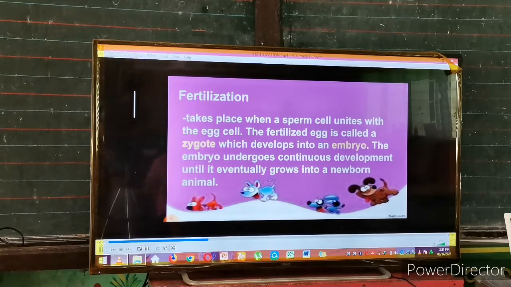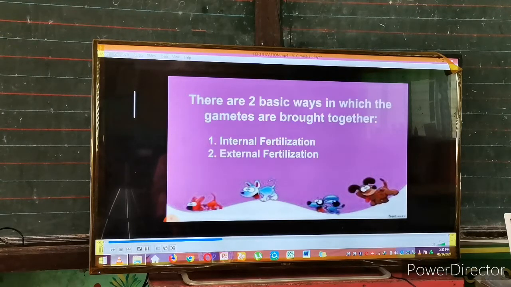At ang fertilized egg ay pwede natin tawagin ding zygote na eventually, pagka na-develop, ang itatawag naman natin dito ay embryo. Zygote and embryo are developing life inside the mother's womb. Nasa loob rin siya ng katawan ng isang female animal. The embryo undergoes continuous development until it eventually grows into a newborn animal. Lalaki ito ng lalaki hanggang ilabas na ng mother animal o ng parent animal.